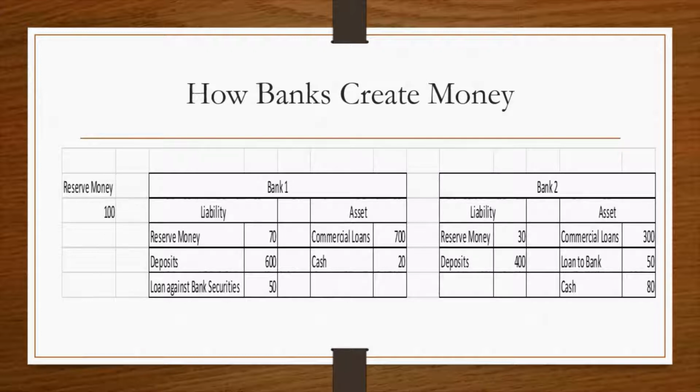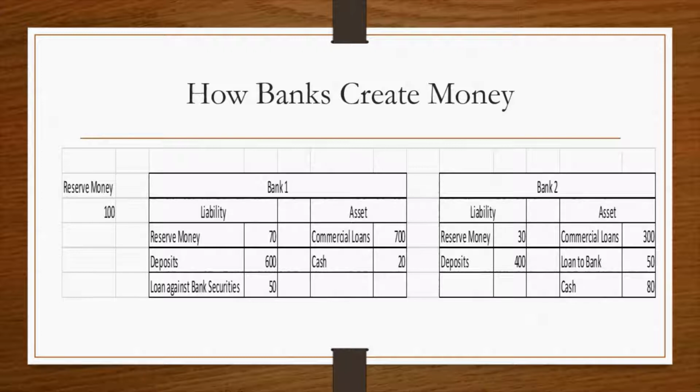Now, this table might explain things more clearly as to how banks create money in the economy. So, let's say the central bank creates $100 of reserve money and lends it to two banks, Bank 1 and Bank 2. To Bank 1, it lends out $70, and to Bank 2, it lends out $30.